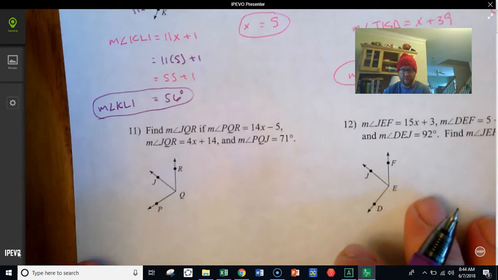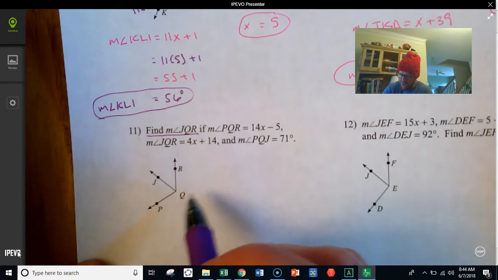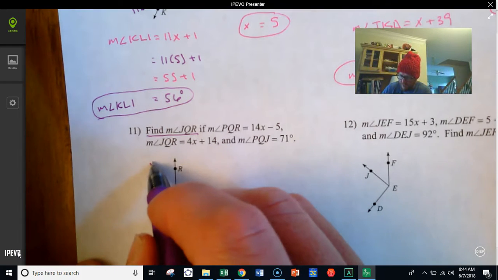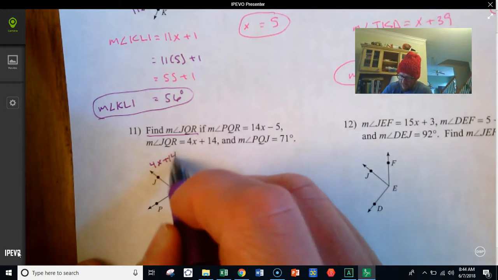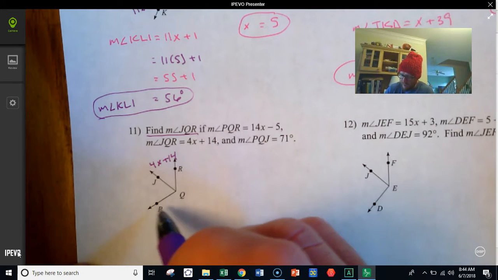we're supposed to find JQR. JQR is 4x plus 14, and PQR, this one's a little bit different.